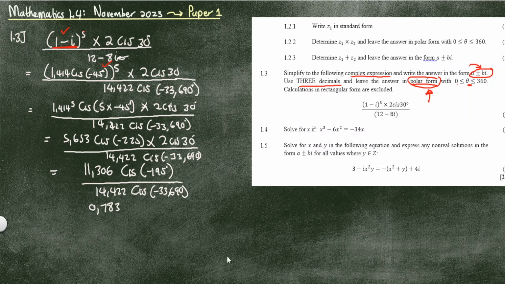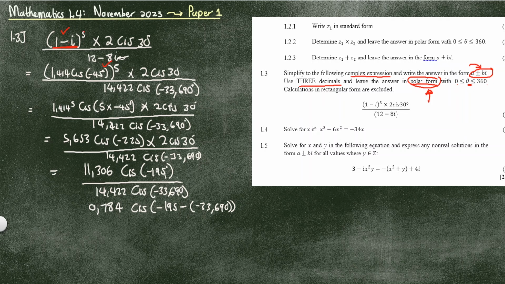Let me double check. 0.784 cis, and then we subtract the arguments, so it's minus 195 minus minus 33.690, which is minus 195 plus 33.690.